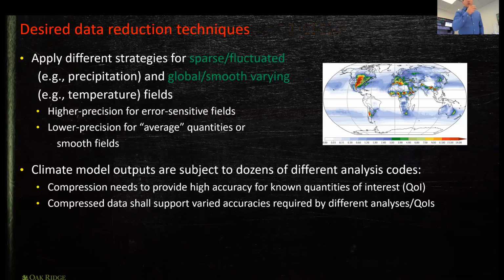So what we wanted to do is look at two different types of events: sparse fluctuating data like precipitation, and globally smooth varying data like temperature fields. We wanted to see how things were done, because depending upon whether you look at, say, atmospheric rivers or cyclones, in one case high frequency is important, and in the other case low frequency is important.